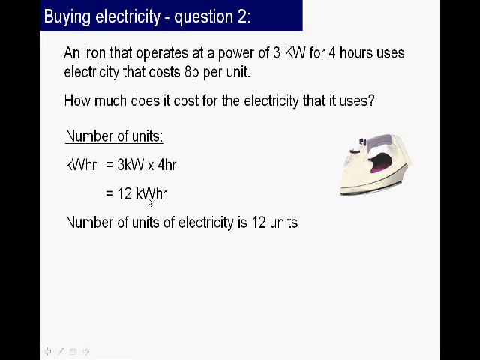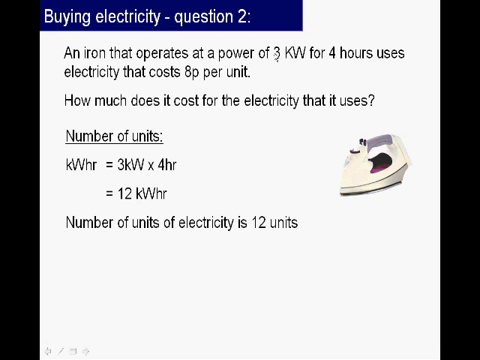That stands for kilowatt hour. A kilowatt hour is another name for a unit. They are both exactly the same. They both measure electrical energy, the amount of electricity we've used, but some people call them kilowatt hours and some people call them units.